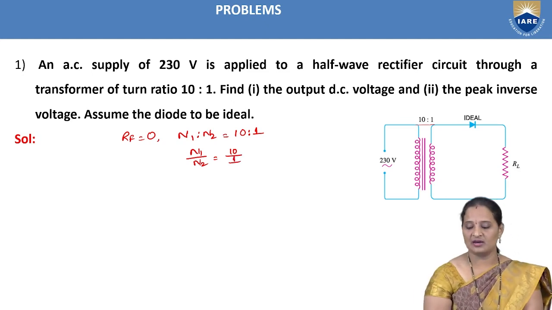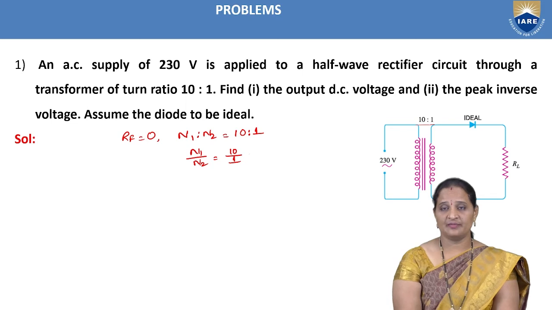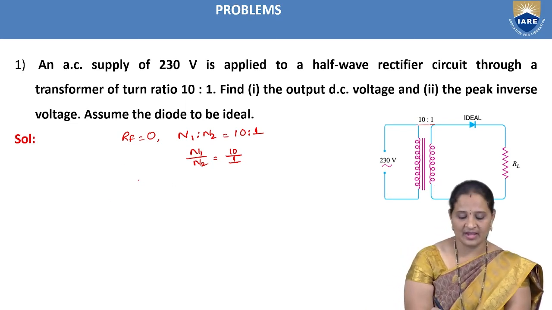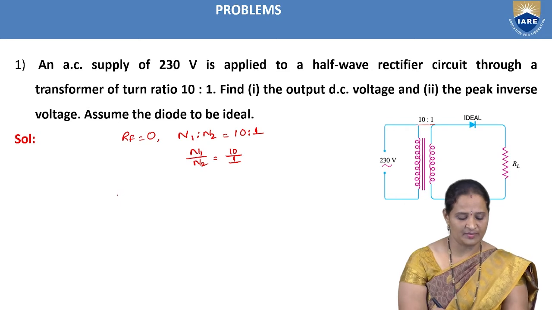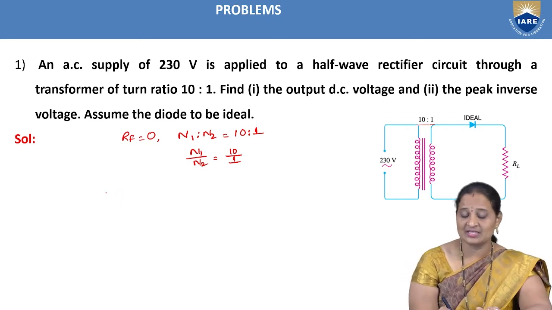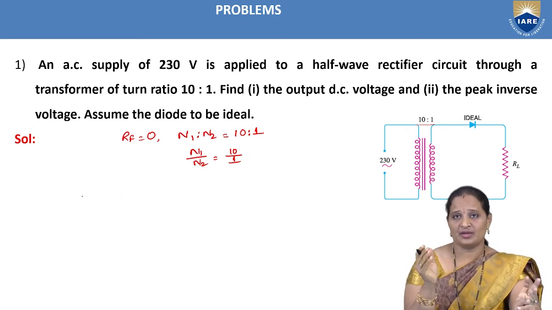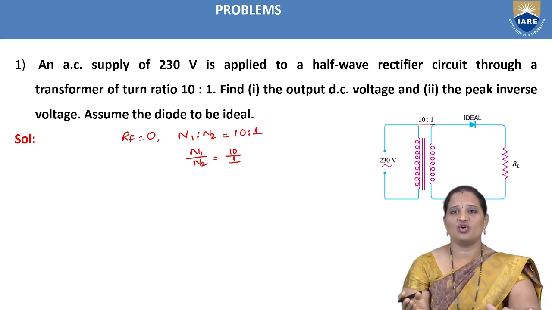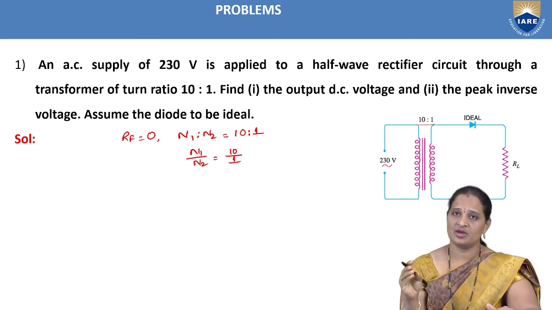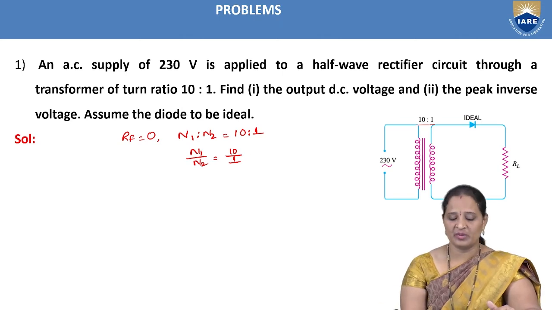This is the data given here, and now the voltage at the primary winding is given. Always remember that at the transformer, either at the primary or secondary, we always have an AC voltage. That AC voltage is always represented in terms of the RMS value, that is, the root mean square value.